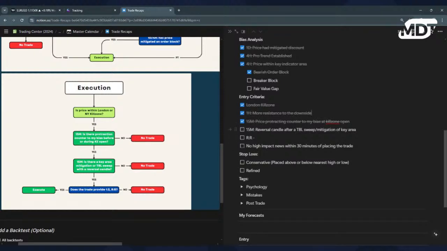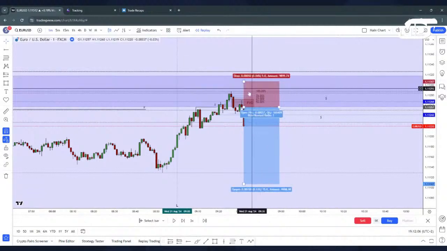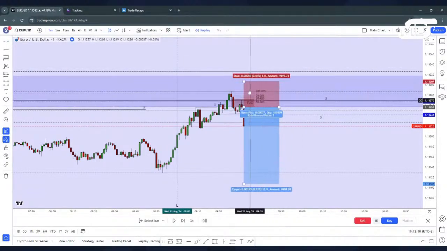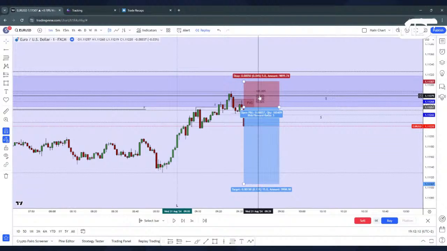15-minute reversal candle. So we did technically, but this wasn't a 15-minute entry. Hence, I said it didn't meet the plan. So I think this is probably the only criteria that wasn't met, but we did get a 1:3. Stops were refined at this point. Refined because we place our stops even within a 15-minute order block, but that was because that's what was relative.